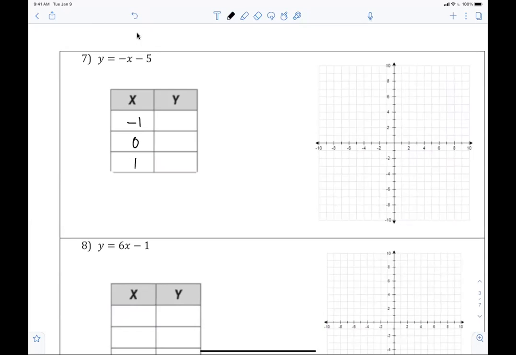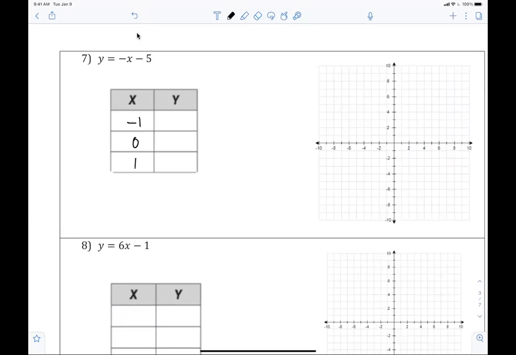Did you type in -1? Wait, come on, there's something wrong. Go to Y equals. Y equals is right here. You didn't type in the equation. That's why nothing is coming. Type in -x minus 5.